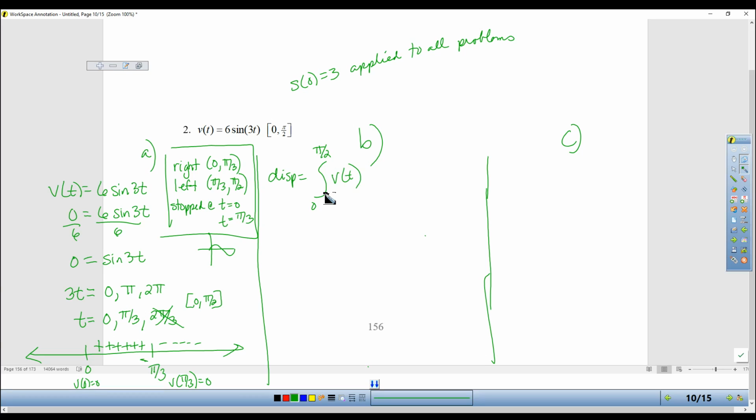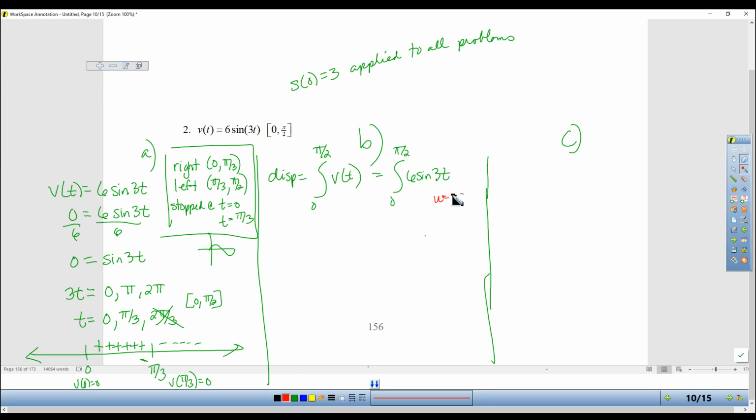Because this is a definite integral, you are welcome to plug it into your calculator to figure it out. But on the outside chance this is asked on a no calculator section, it'll give us a little chance to practice this. So we're going to go from 0 to pi halves of 6 sine of 3t.